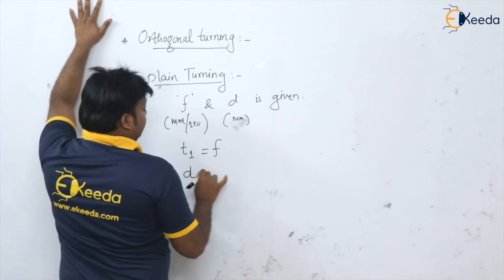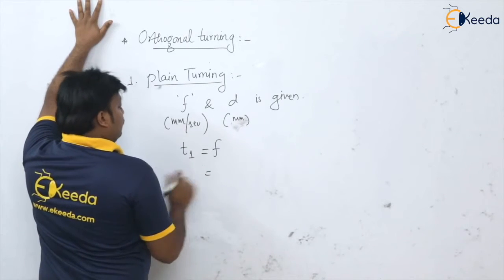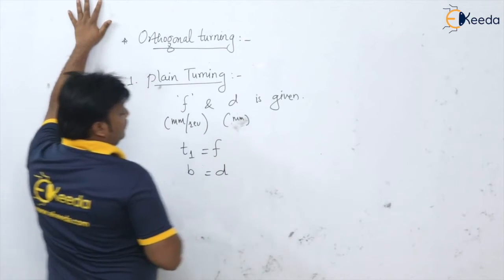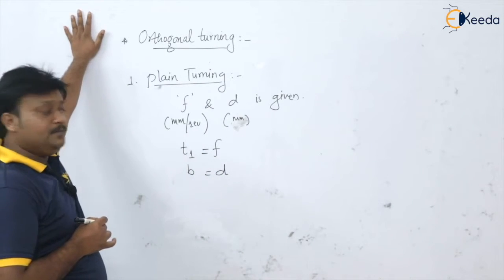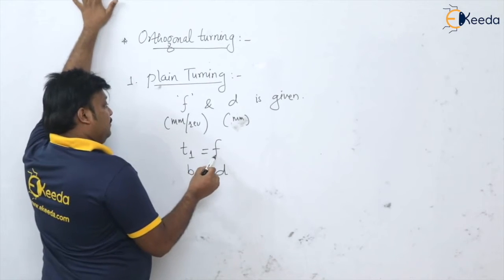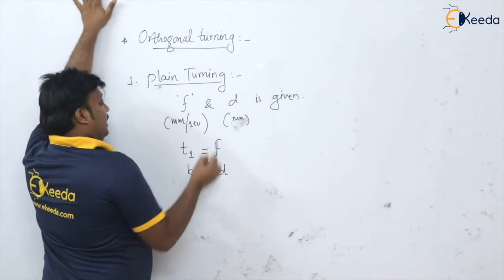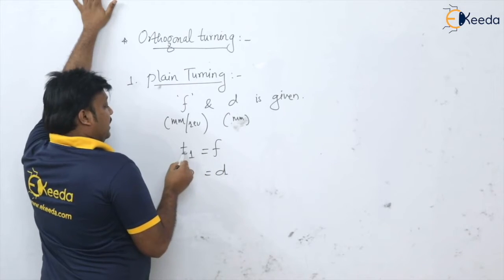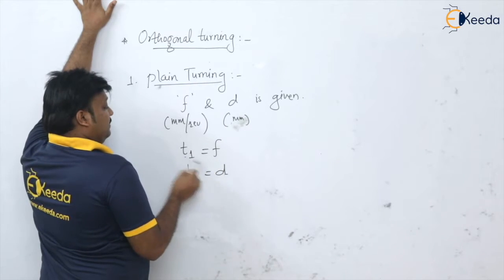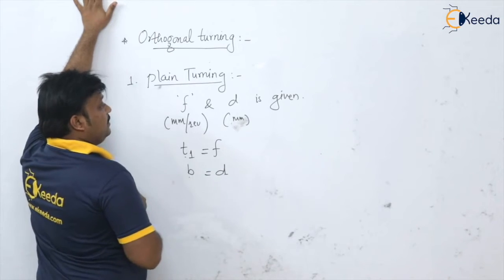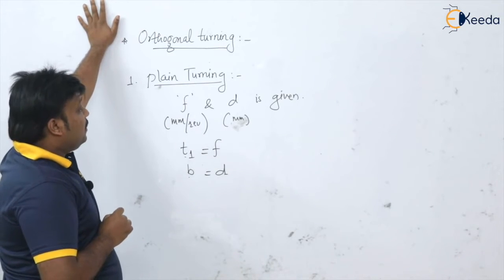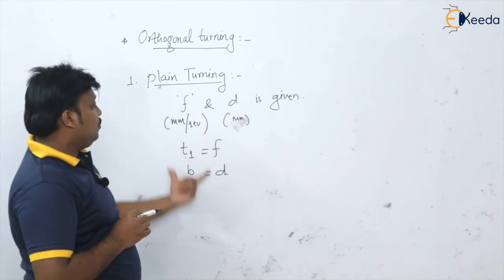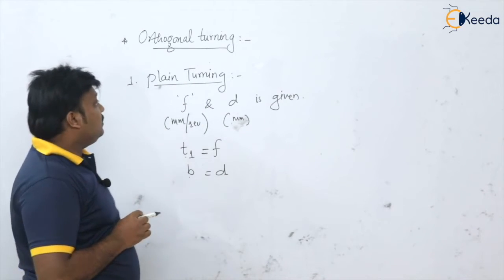And the width of cut will be this depth of cut. Please remember, very important. Whenever feed is given and depth of cut is given, then you have to take this F as the T1 and this depth of cut as the B, the width of cut. Okay, so this is a common case, very important. Many times you will get this question.